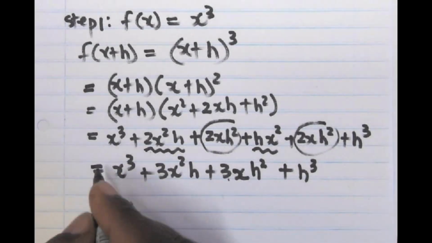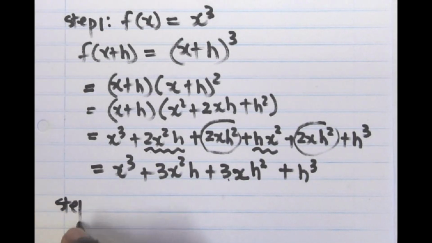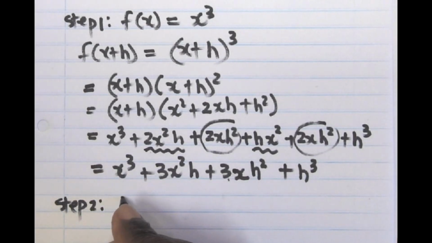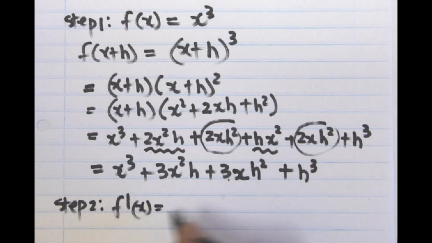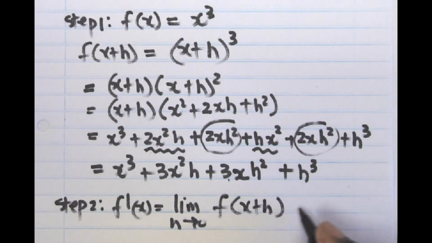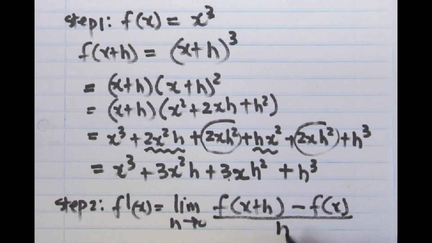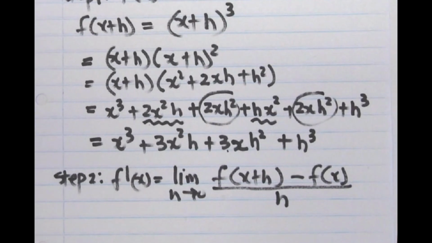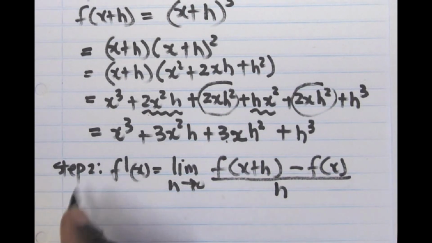Then our next logical step, step number 2, will be to write down the formula. So let's write down the formula according to the formula sheet. f of x plus h minus f of x, everything over h. After writing down my formula, I have to substitute.